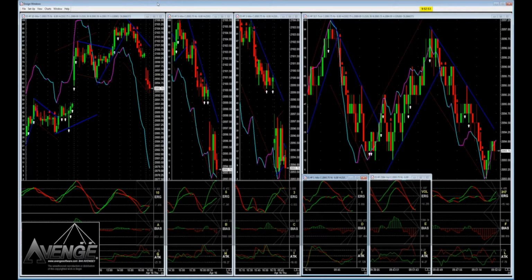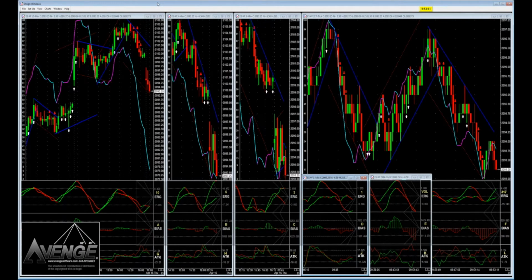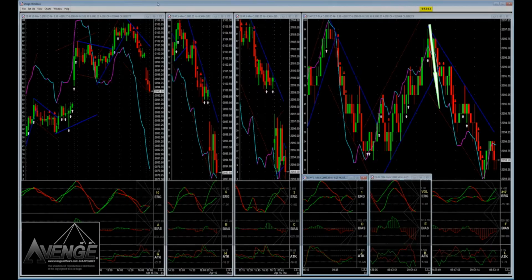So once we have a setup in place, in terms of the base 10s, 5s, and 3s, we look for a pullback, and a pullback can simply be a sideways consolidation in terms of the weaker variety of a pullback, or in a stronger sense, a defined movement in the opposite direction of the direction we're looking to trade, coupled with an opposite arrow.